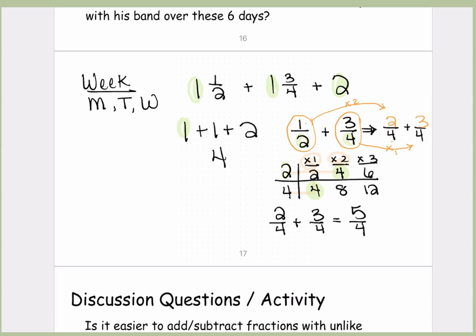5/4. Now, if I were to draw a model, I know that I need 4 pieces in there to make it whole, but I actually have 5 pieces. So that means 1, 2, 3, 4, 5. That means I filled up one whole completely, and then 1 out of 4 pieces remain.